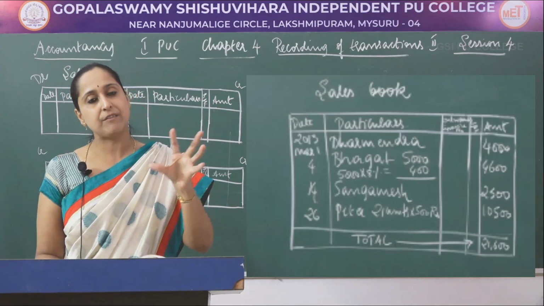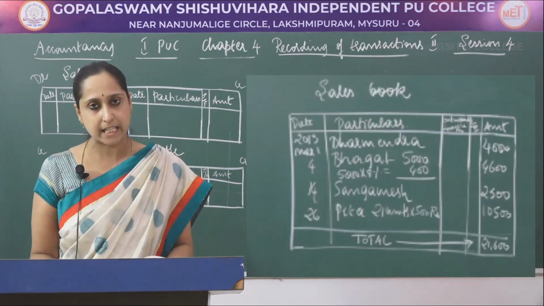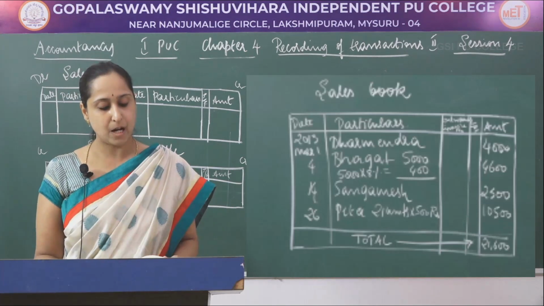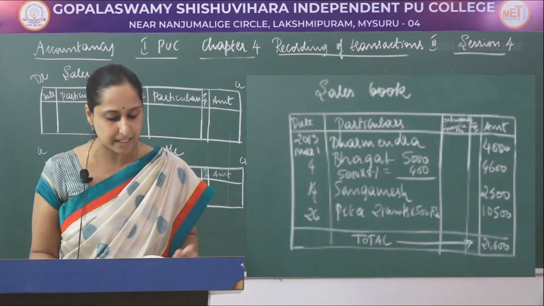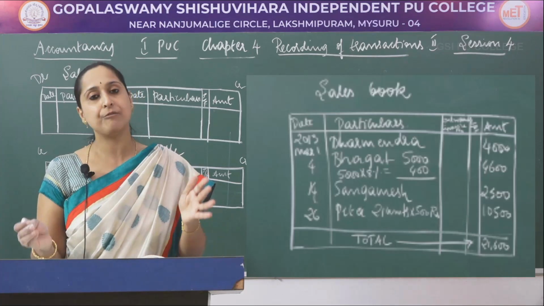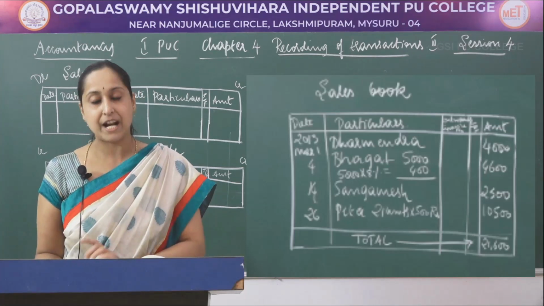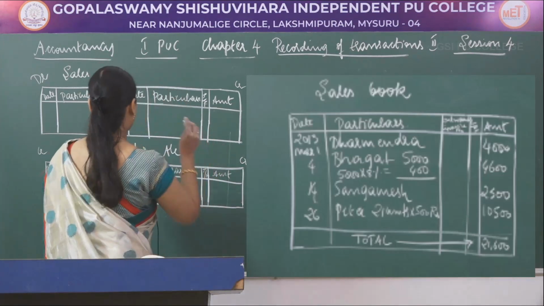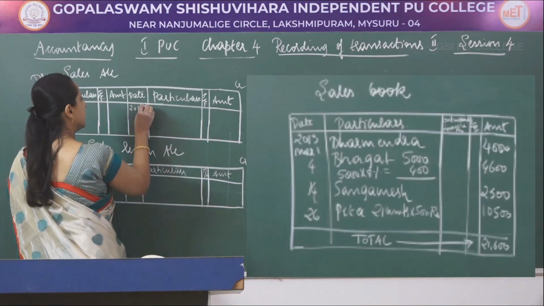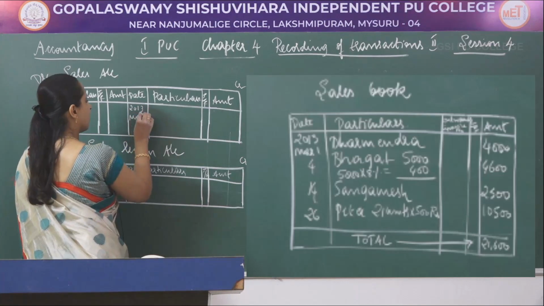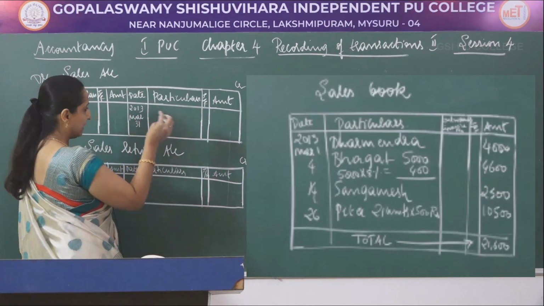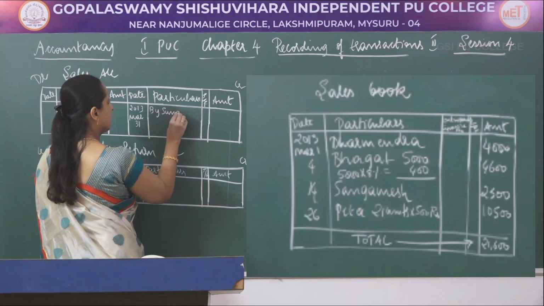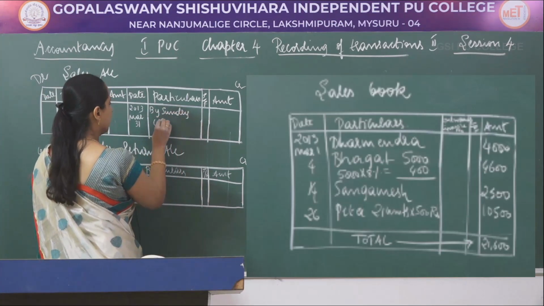In each and everybody's account we write 'to sales', but in sales account we would write by Dharmendra's account, by Bhagat's account, by Sangamesh's account and by Peter's account. Instead of writing everybody's name, we can write by sundry customers account. This is on 2013, March 31st, as we record at the end of the month.